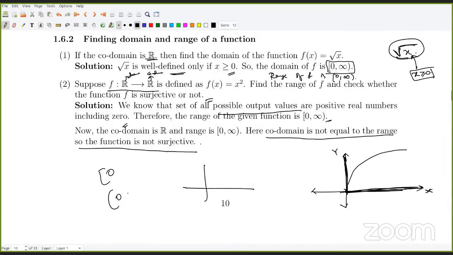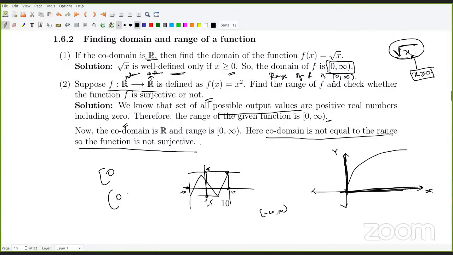If your graph is like this, it is defined from here to here, so that is your domain, something like minus 10 to 10. And your range is from here to here, so minus 5 to plus 5.